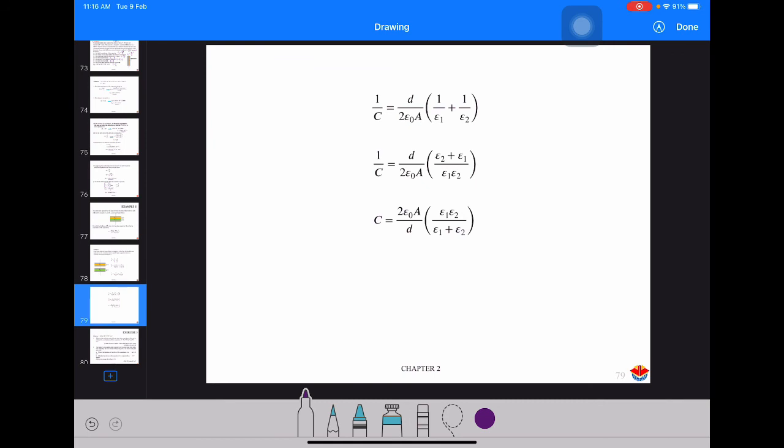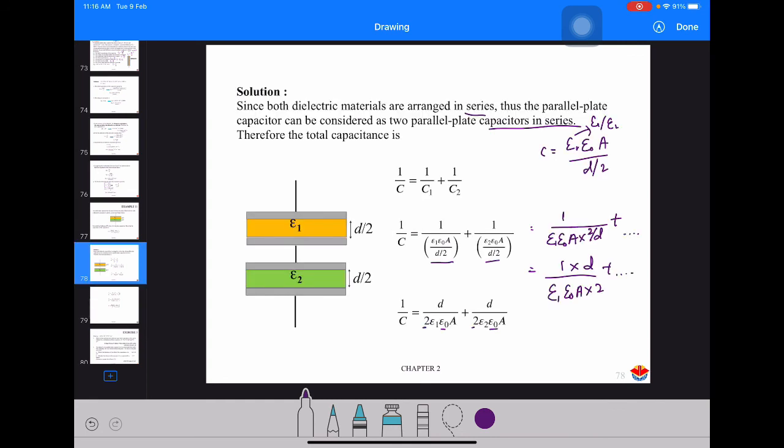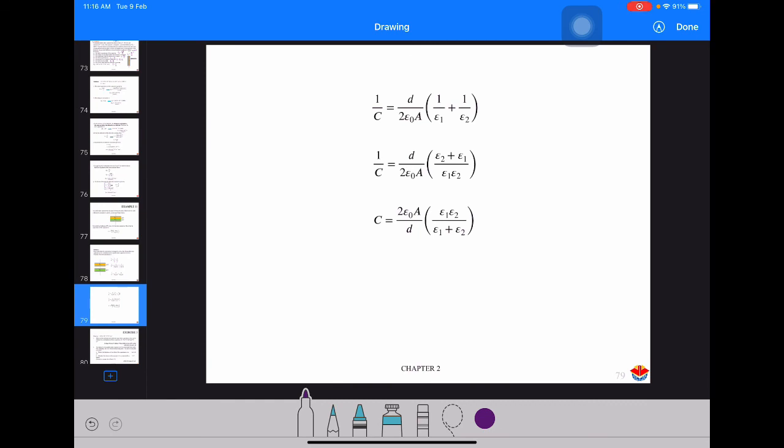So you're left with that one. Maybe it's too much of a jump, so I'm going to write it over here. Factor the D, the 2, and epsilon naught, and A as well. So you're left with 1 over epsilon 1 plus 1 over epsilon 2. So this is what it is.